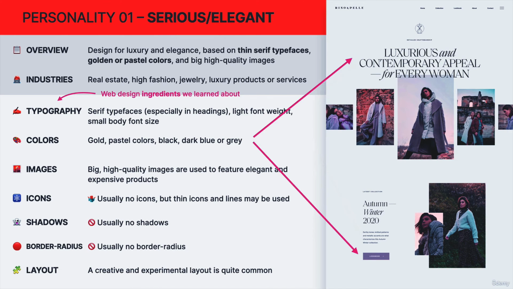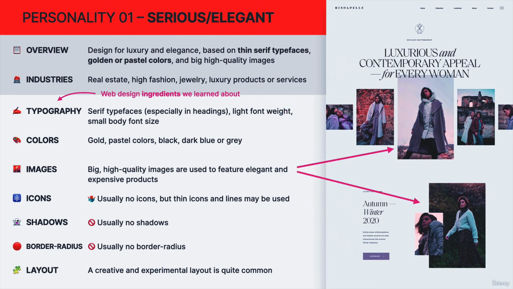As for the images, these types of designs many times use very big images and also make sure that these are really high quality images. Many times they hire professional photographers to create awesome pictures and photos for their designs. Now about icons, many times the serious designs do not use any icons at all, but sometimes thin icons and lines can be used.